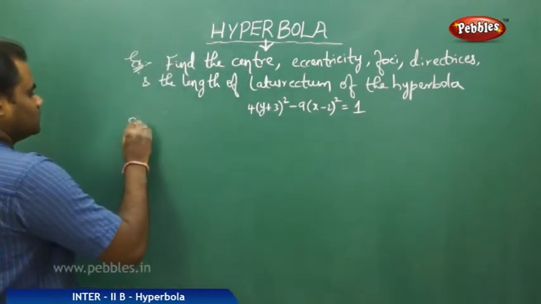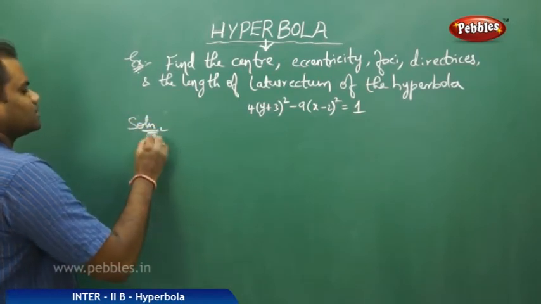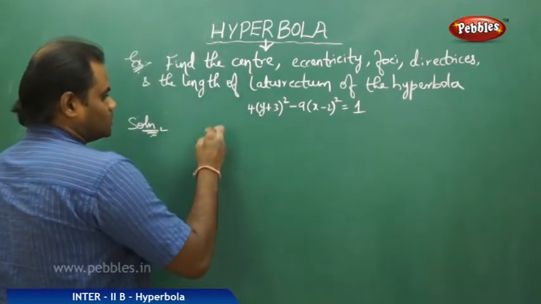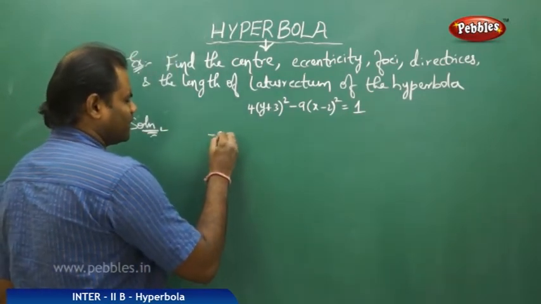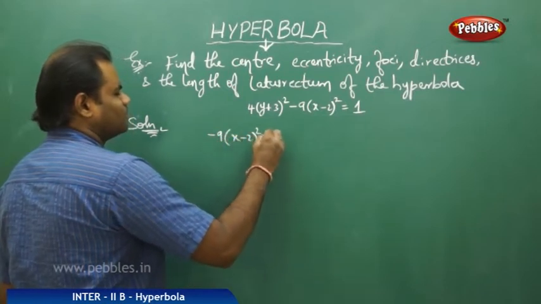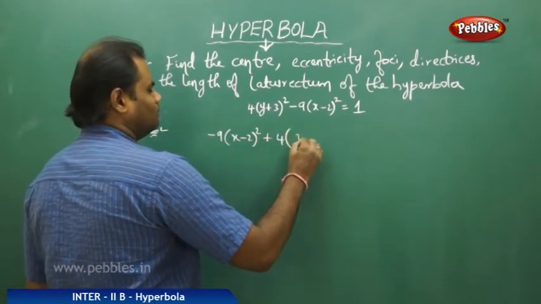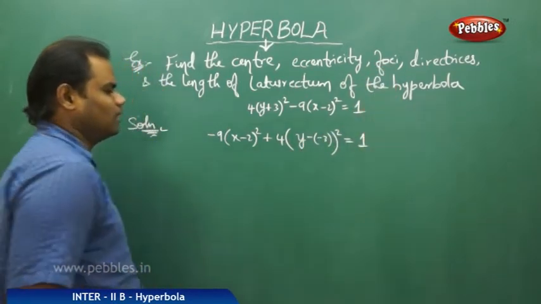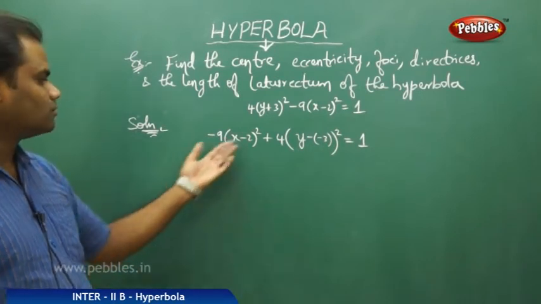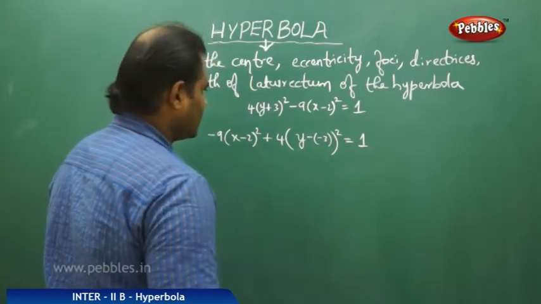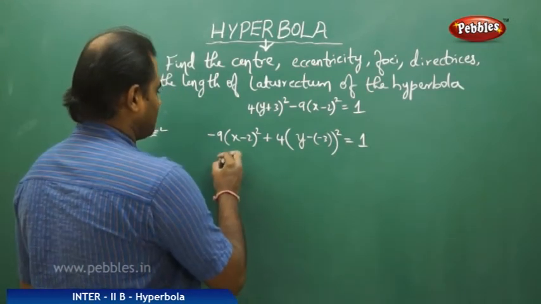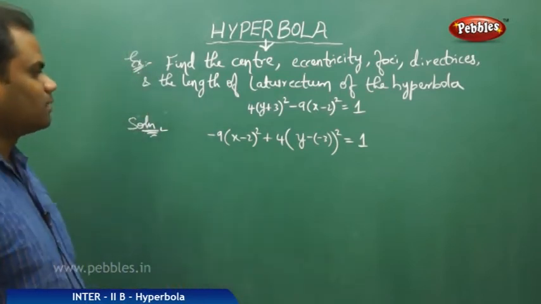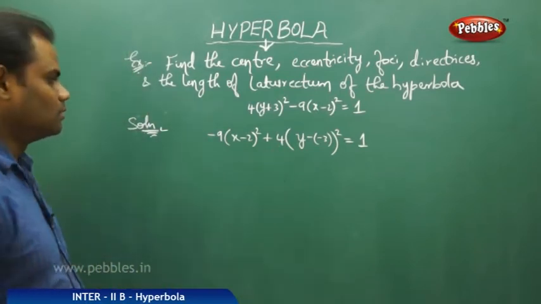Now let's see how we can find the center, eccentricity, foci and other properties for this. As I have the equation here, let me arrange it in the form ... is equal to 1. Now I want to divide the whole equation so that I get it in the form of x squared by a squared minus y squared by b squared equals 1.